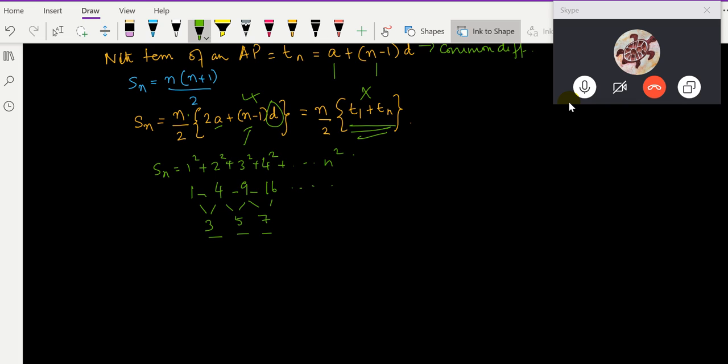So what can I do? When I calculated the sum of the first n natural numbers, I started with n square minus (n minus 1) whole square is equal to 2n minus 1. This is what I started with. Now if I want to find the sum of the squares, what should I start with?